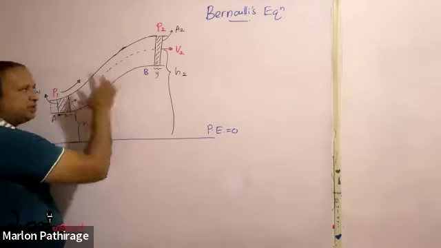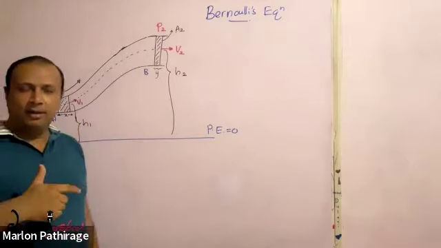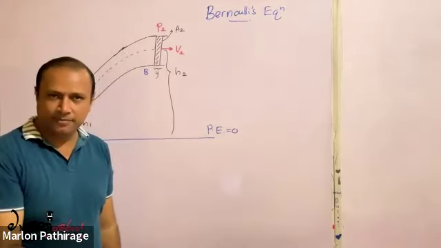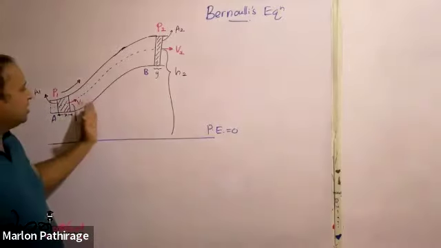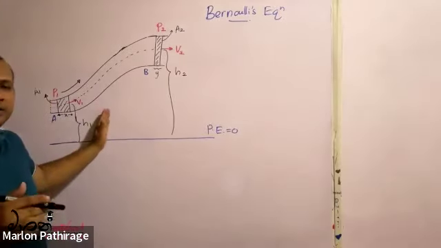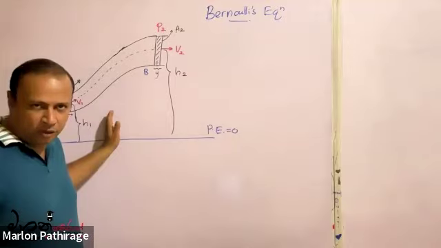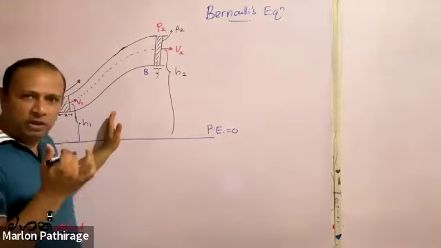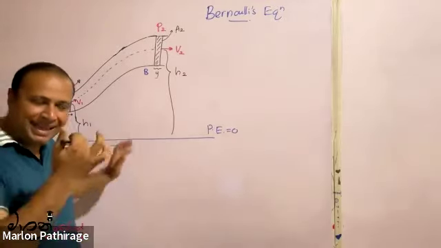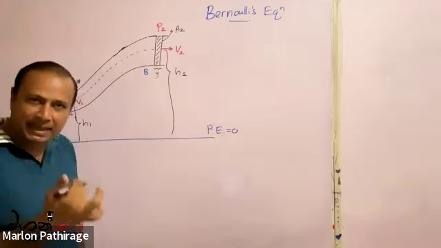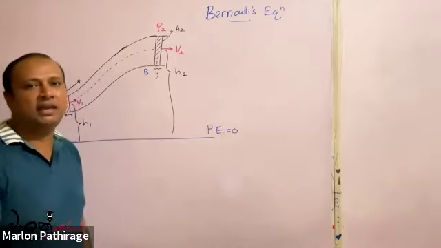If there's a pressure difference, definitely there is an external force with it. We cannot draw the external force direction here, but that external force can do work on this particle.